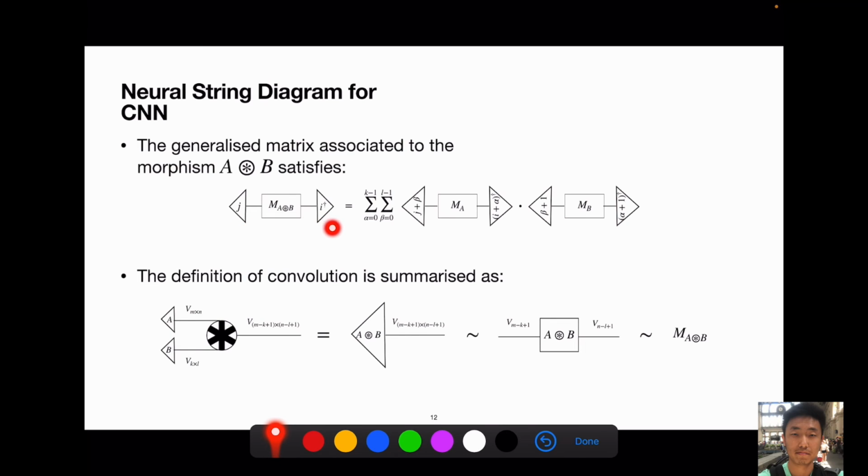Here, this part represents the ij-th entry of the generalized matrix, and you can verify that this is how the filter traverses through the input. To summarize, if we get two states A and B, their convolution is this convoluted state, which is associated with a morphism, and again, it is associated with a generalized matrix.